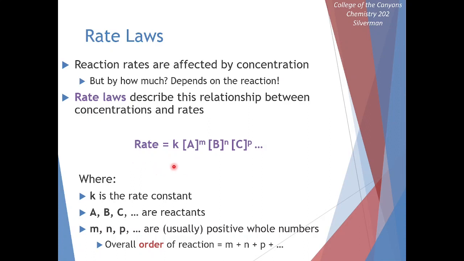Our rate law will tell us the relationship between concentrations and reaction rates. Moreover, the magnitude of this rate constant tells us if this is a very fast reaction or a very slow reaction. This rate constant can have a wide range of magnitudes, from very small to very large.